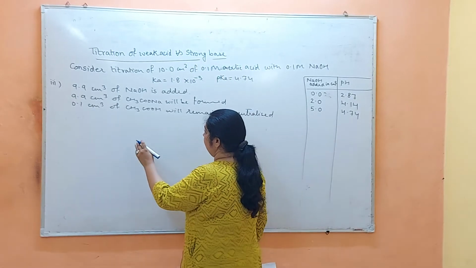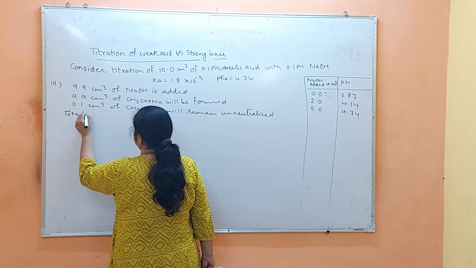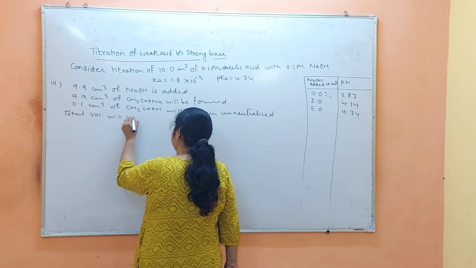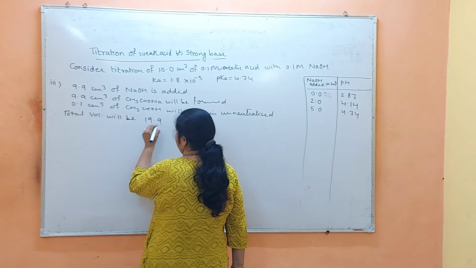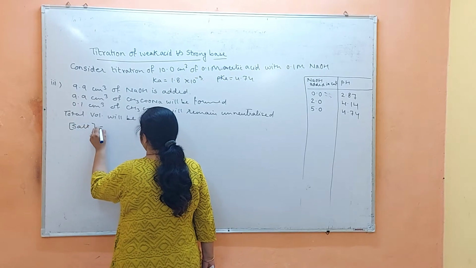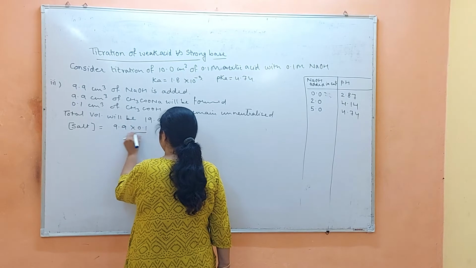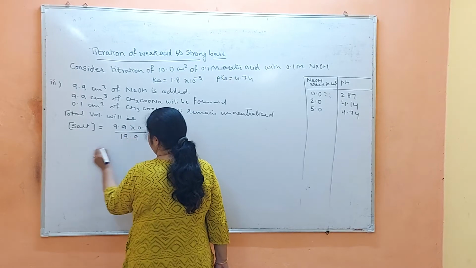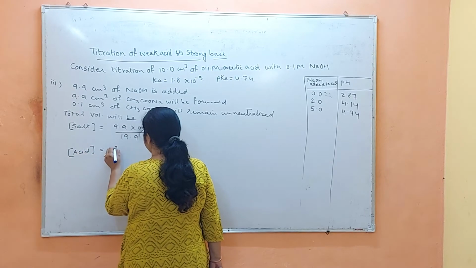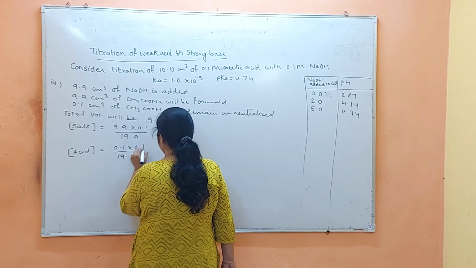So we can say that the total volume will be 19.9. So salt concentration will be equal to 9.9 into 0.1 divided by 19.9, and acid concentration will be 0.1 into 0.1 divided by 19.9.